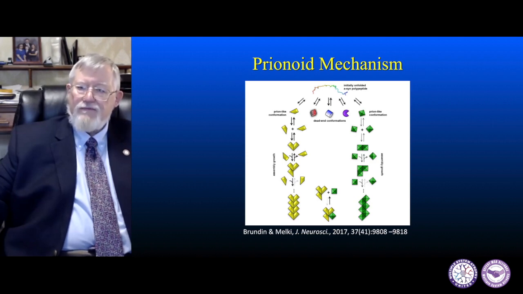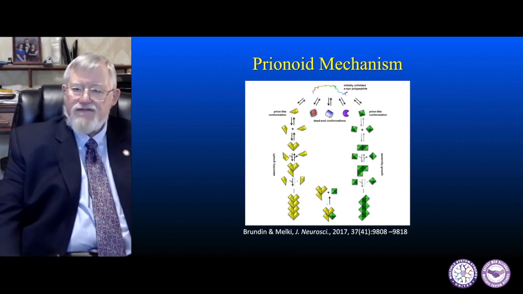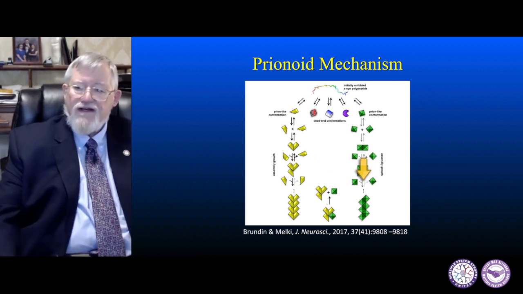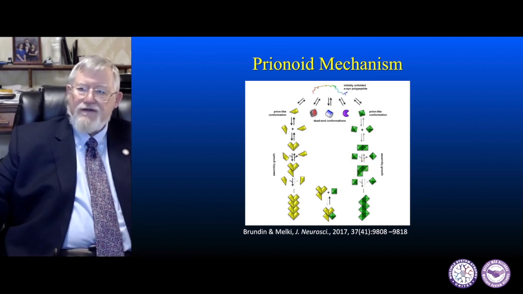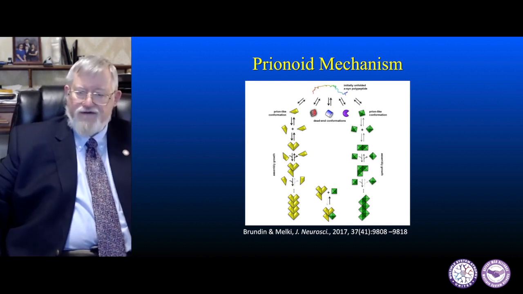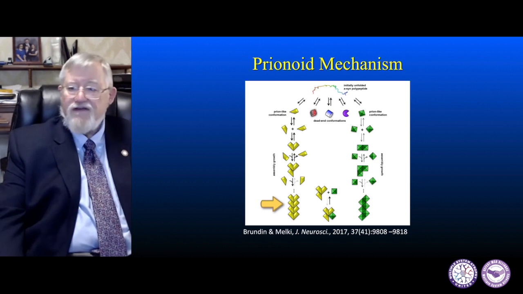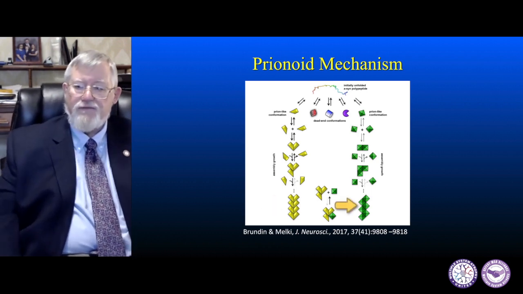Some of these shapes can stack together, and in fact, they induce other unfolded alpha-synuclein protein chains to fold up in a similar fashion and add to their stack, so that down at the bottom of the screen, you begin to build these different aggregates and fibrils made up of alpha-synuclein molecules. The idea was that these aggregated forms gave rise to different diseases. For instance, this one over here might give rise to Parkinson's disease, whereas this one over here might give rise to multiple system atrophy.